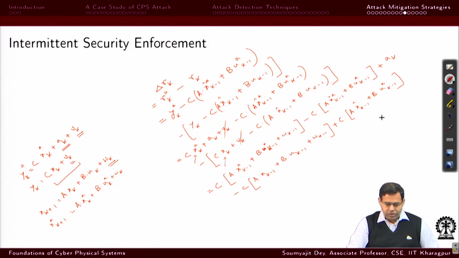What we are doing here is we are trying to figure out the error in the state estimation under the assumption that the attacks are happening on the sensor measurements only, right. So, it is like under false data injection on sensor measurement, what is the additional state estimation error that is being injected into the system, that is what we want to figure out.